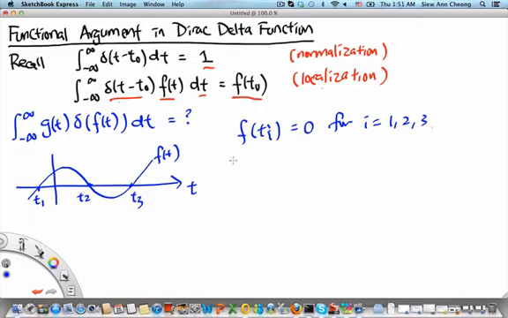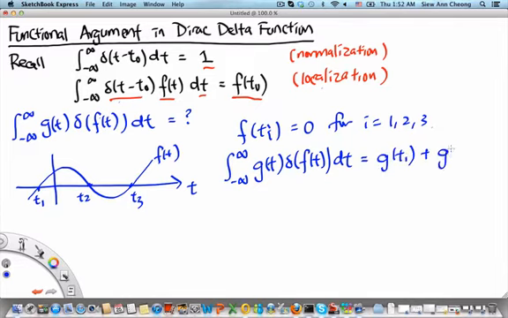Therefore we can say that if we guess that is the case, then the integral of g of t delta f of t, you might think that it is just equal to g of t1 plus g of t2 plus g of t3.